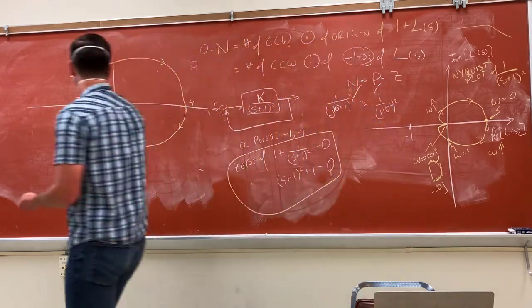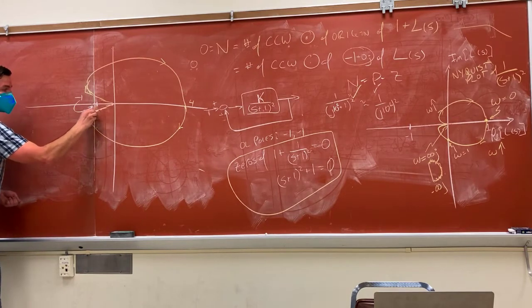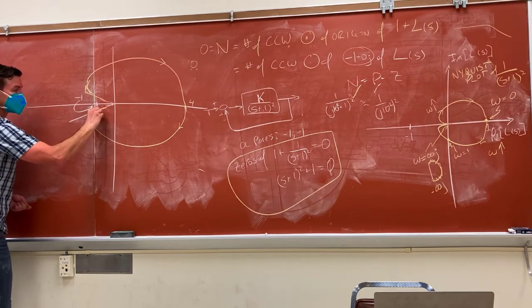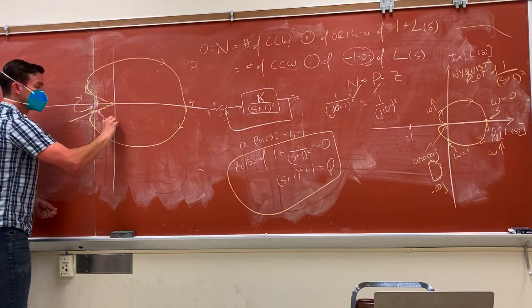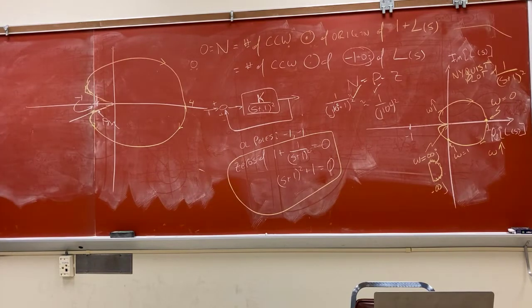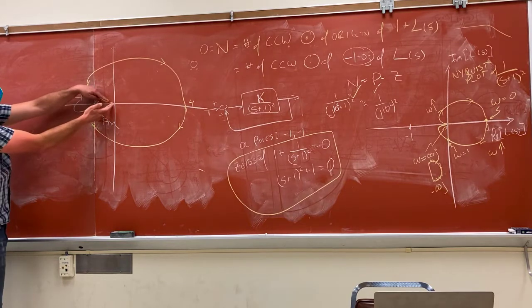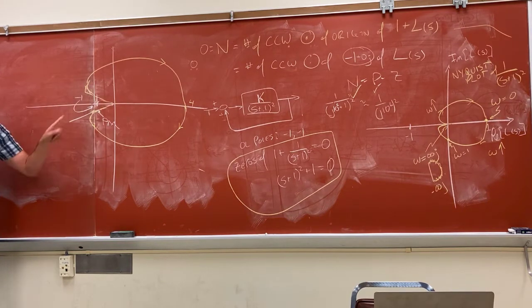I hope it won't surprise you that this angle is the phase margin. The phase margin changes with the gain. We actually learned that before. The bigger the gain, the smaller the phase margin, generally. The bigger the gain, the closer these cusps are going to get to negative 1, the smaller the phase margin.